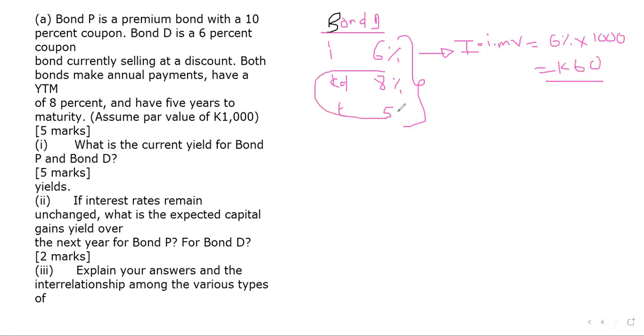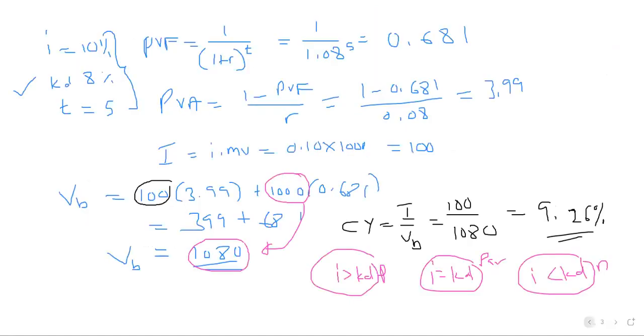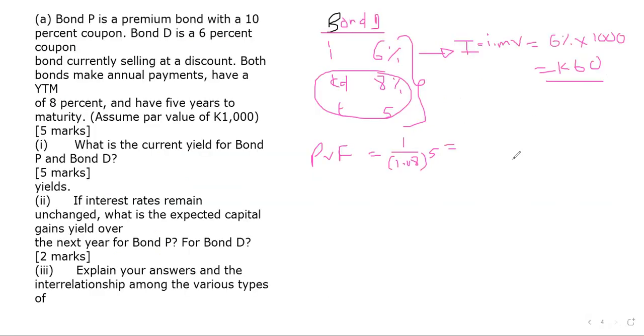And the job of these two is to find the interest factors, starting with the present value interest factor, 1 over 1.08 to the power 5. Fortunately, these are the same answers that we have here. So this is 0.681 and 3.99.